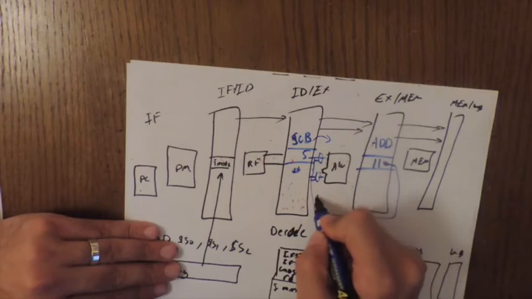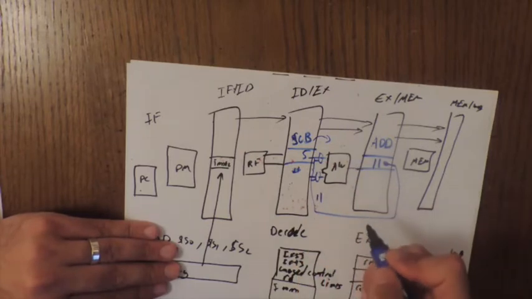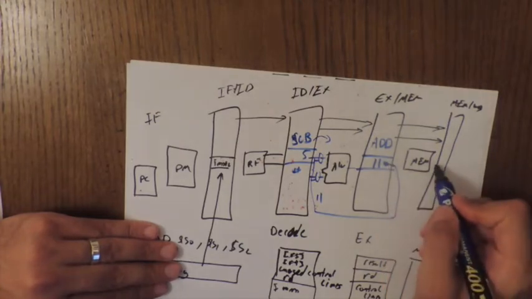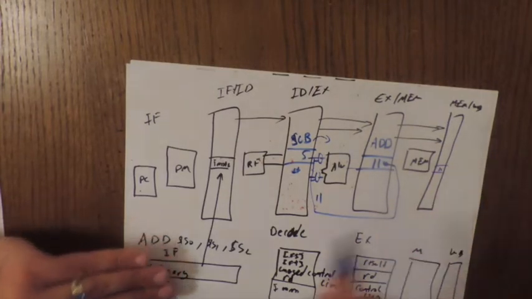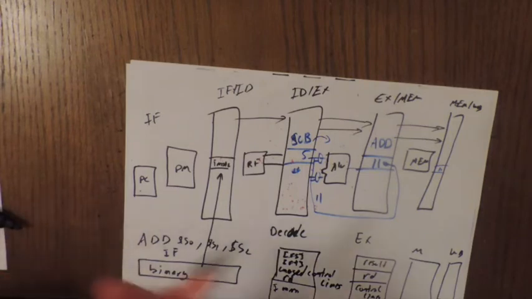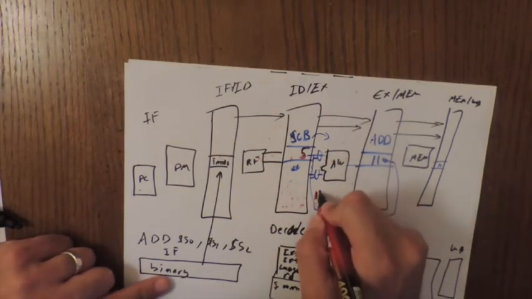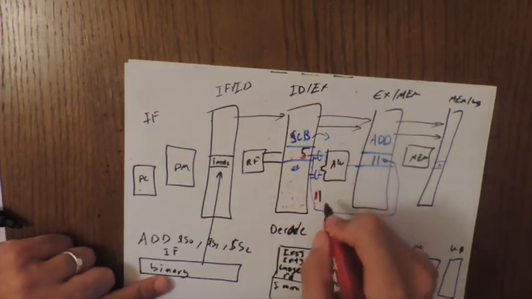Of course the 11 is coming from here, so easily I can do this. As 11 is going, this is the 11 of the add, and this is 5 of the sub, and the 11 is coming from the add.